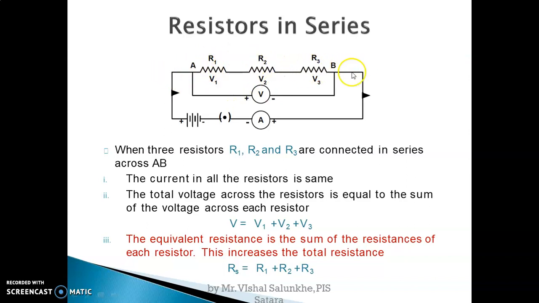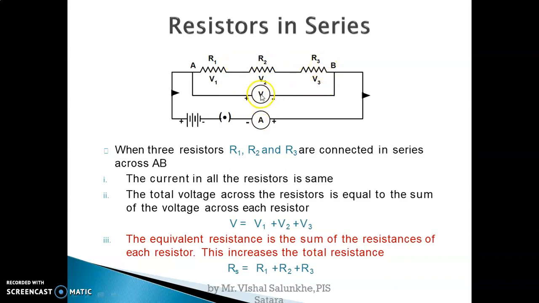Current is always constant means whatever current is there in R1, the same current will be in R2 and the same current will be in R3. But at the same time, the potential difference across each resistance is different. V1 is the potential difference across R1, V2 across R2, and V3 across R3.